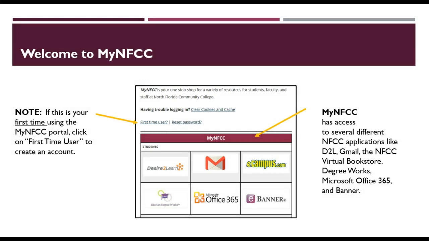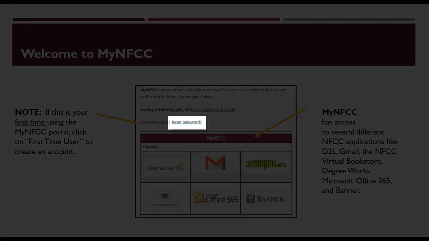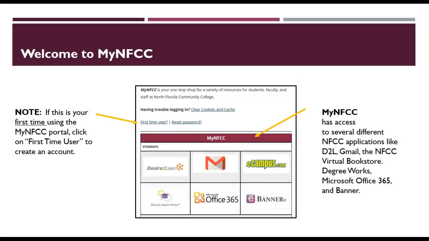Note that there is also a reset password option for if you are unable to access your D2L using the password you're trying. My NFCC has access to several different applications, such as Desire to Learn, Gmail, the NFCC Virtual Bookstore, also known as ecampus.com, DegreeWorks, and Microsoft Office 365, as well as eBanner.